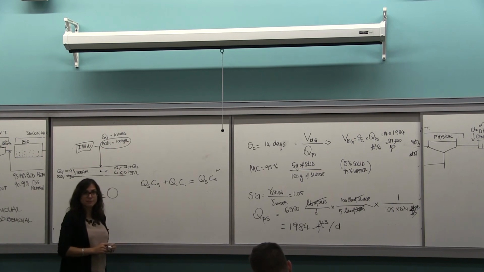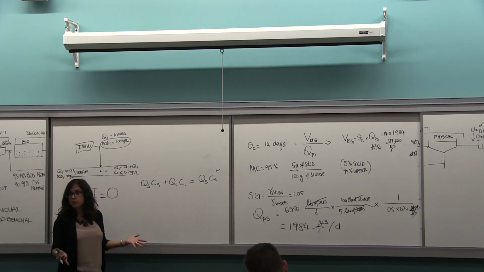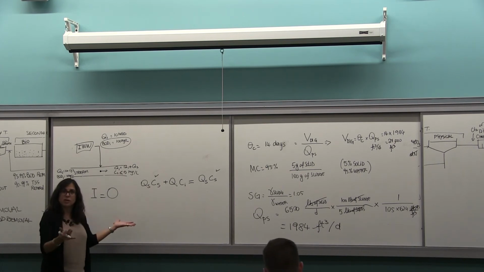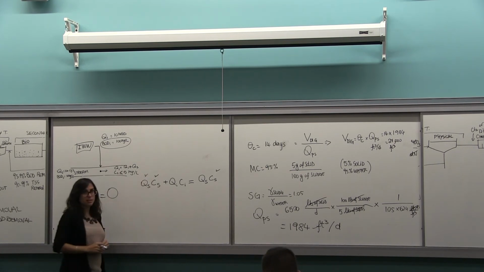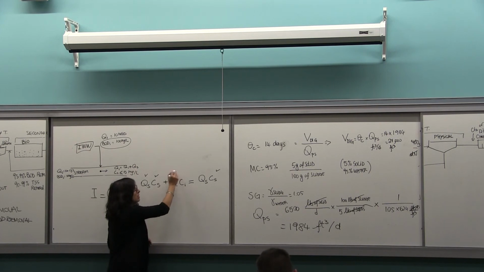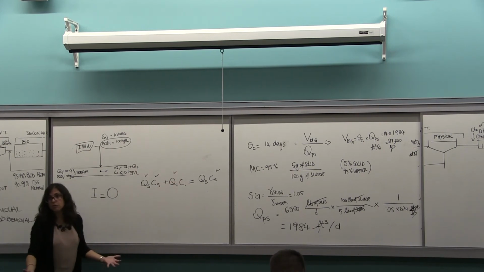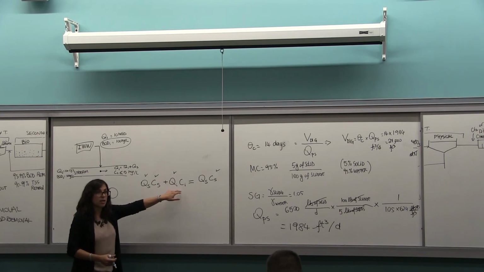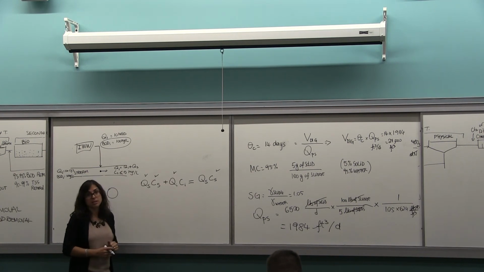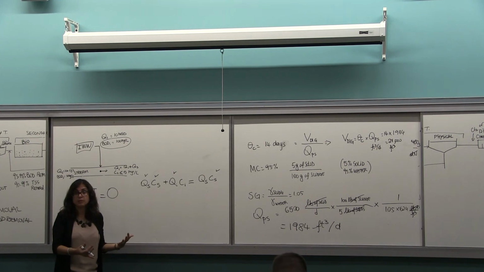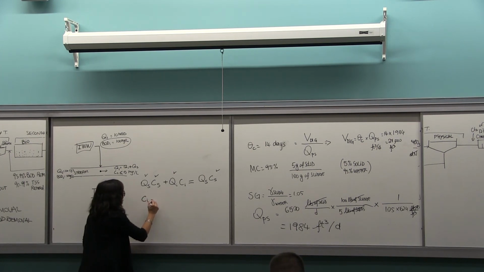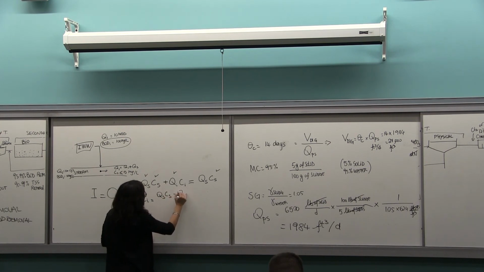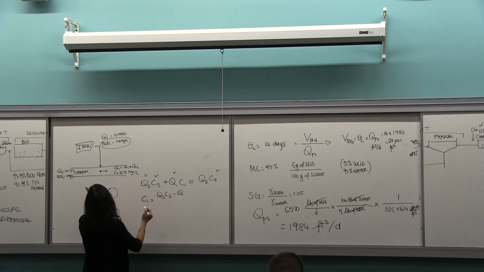This is fixed, has to be less than 5. This is fixed, the river is what it is. This is also fixed because that's the industry flow rate. The only thing that we can change is the concentration of BOD coming in, and that can be done through treatment. So CI is going to be QS, CS minus Q. Oh, I am using stream and stream.